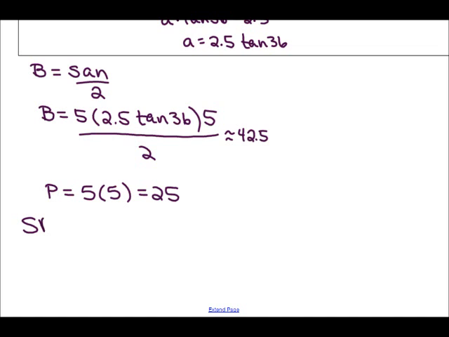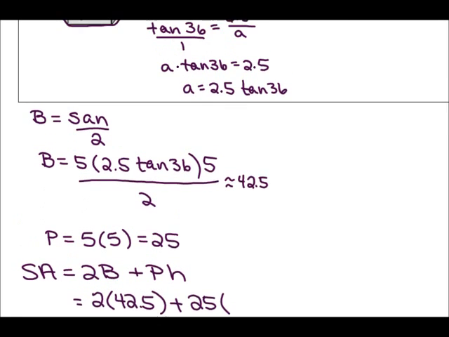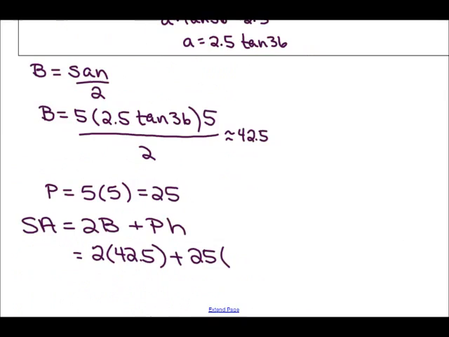And now plugging all into the surface area formula, we need 2 bases plus the perimeter times the height. So we've got 2 times our base, which we approximated at 42.5, plus the perimeter, 25, times our height, which, let's go back up and look, was 6.